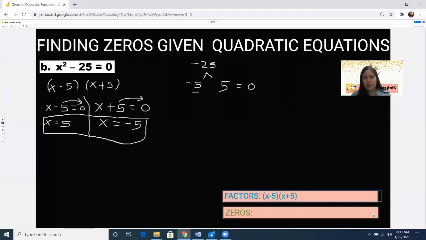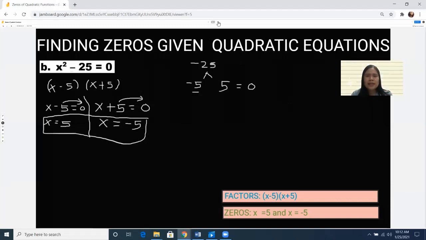That is the way that we write the factors. And for the zeros, we write x is equal to 5 and x is equal to negative 5. So those are the two answers for the factors and zeros. I told you, very easy and simple.